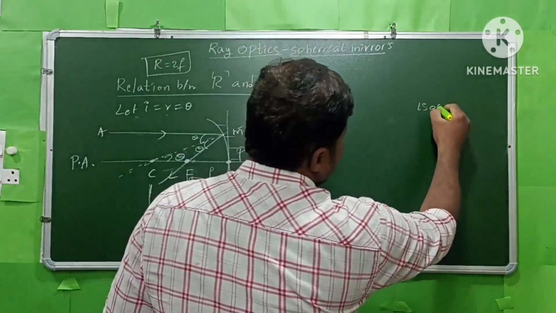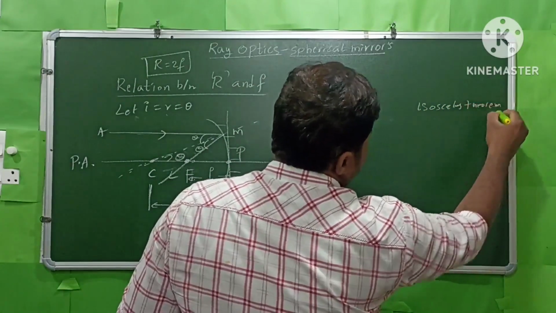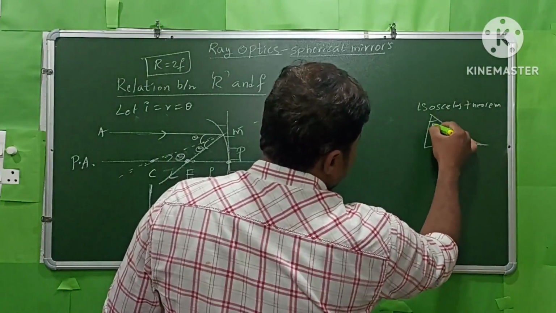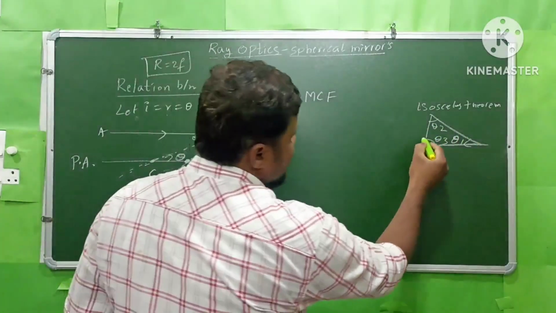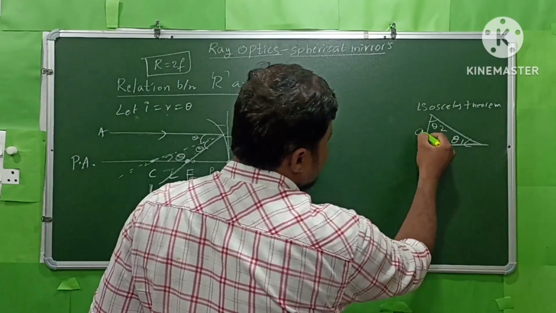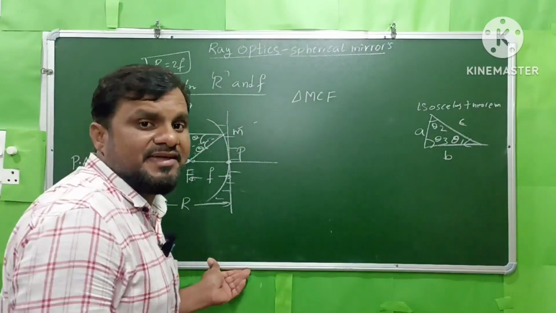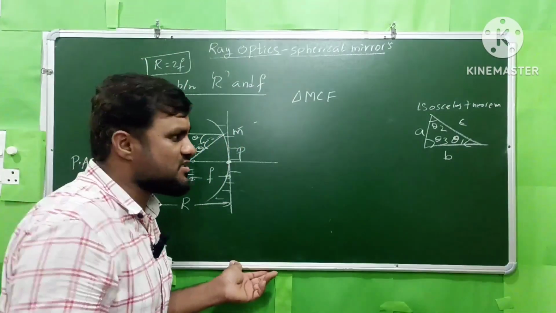If you observe the isosceles theorem statement, there is a triangle with angles theta 1, theta 2, theta 3. If two sides in a triangle are equal, sides A, B and C, then angles opposite them are also equal, and vice versa.